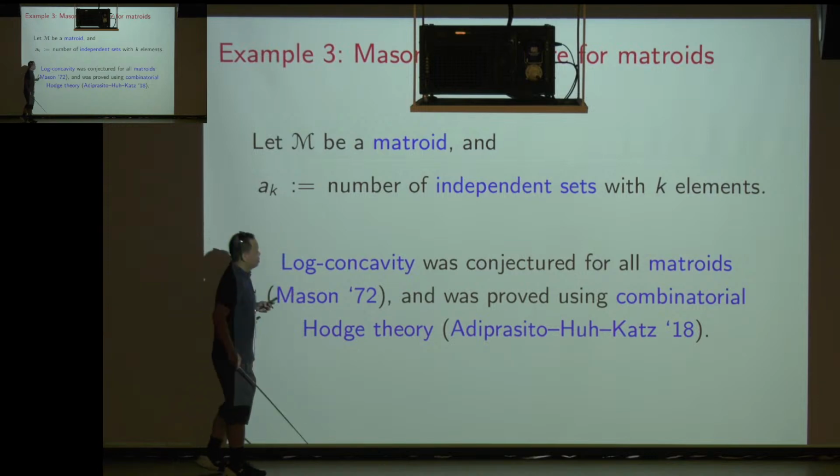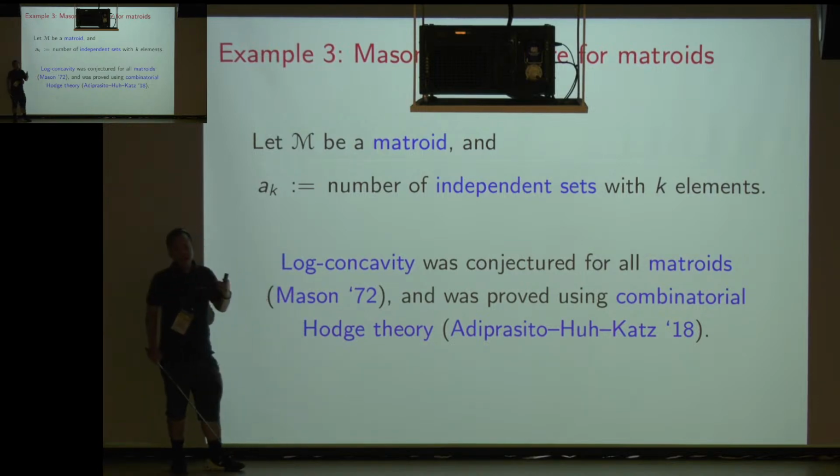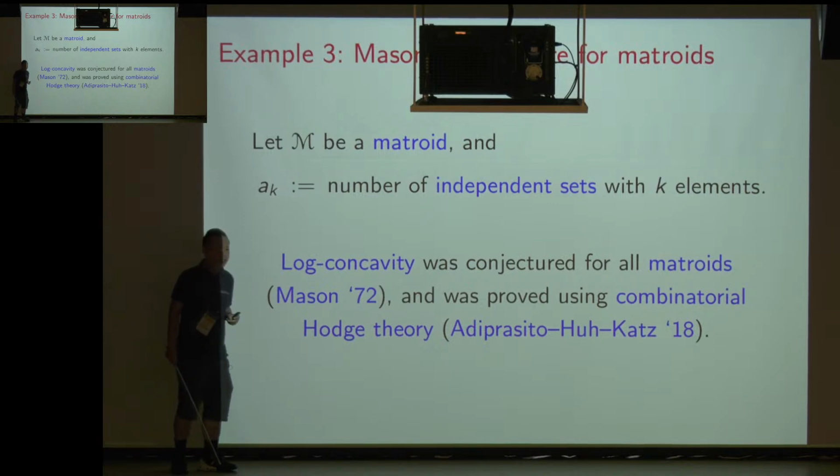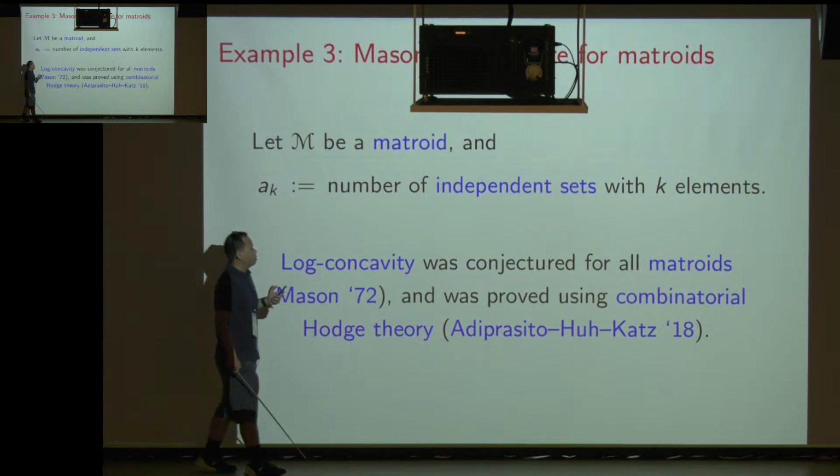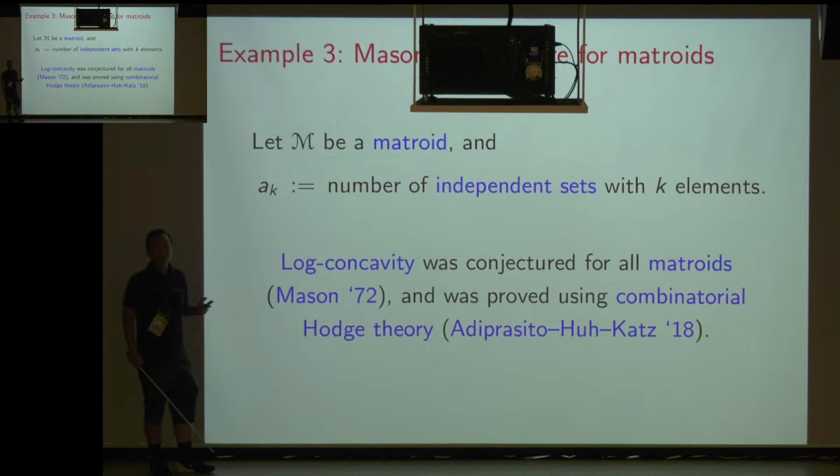This result and this theory was cited by the International Mathematical Union as one of the reasons, among many reasons, but still one of the reasons, for awarding June Huh the Fields Medal in 2022.